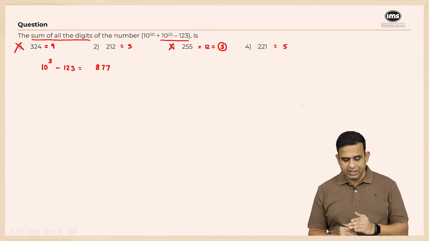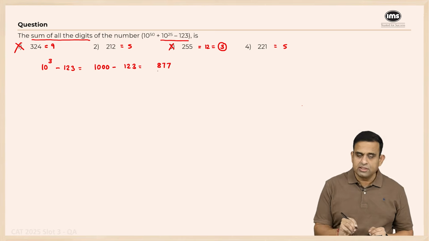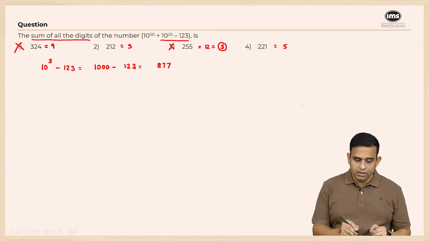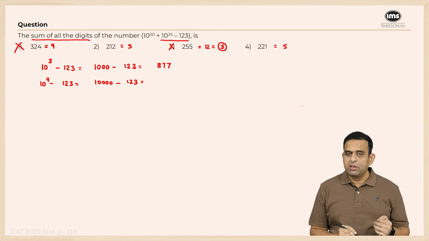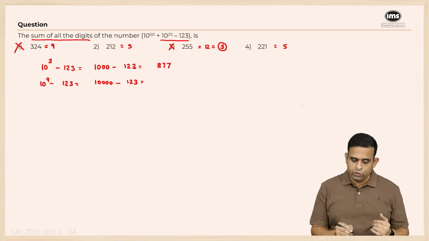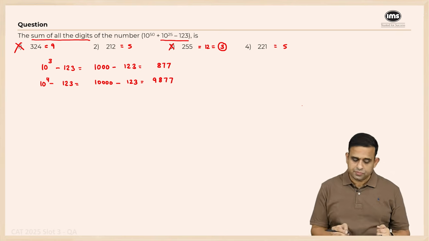So 10 cube minus 123, which as I told you is 1000 minus 123, gave you 877 over here. Fine. If I do 10 power 4 minus 123, which is 10,000 minus 123, the outcome, if you simplify, will come out to be 9877.